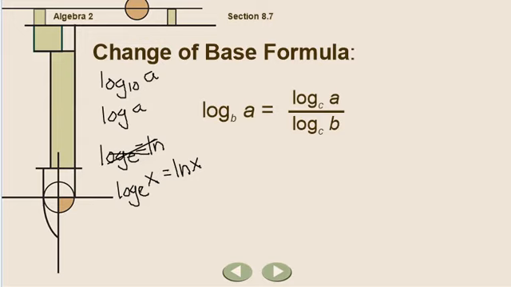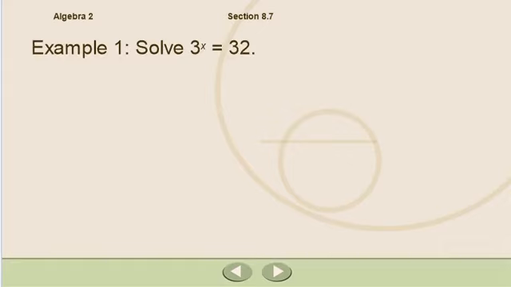What you can notice here is you have log base b of a equals the log, and usually we'll use base 10, log of a over the log of b. And so we'll be using that change of base formula throughout. So this one right here, from a couple slides ago, we can change to log form.